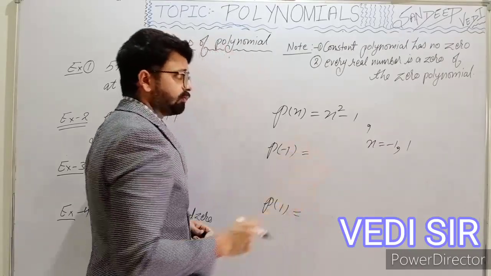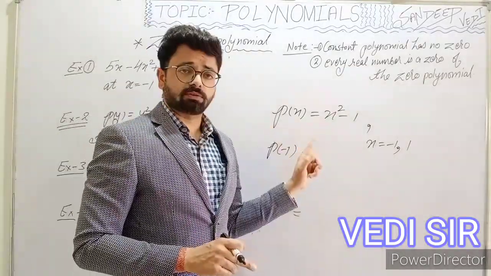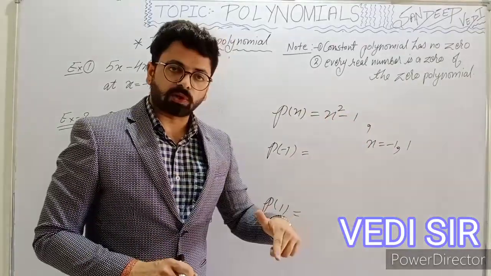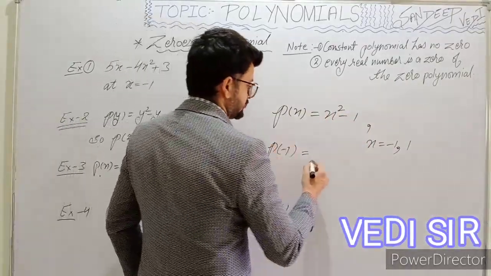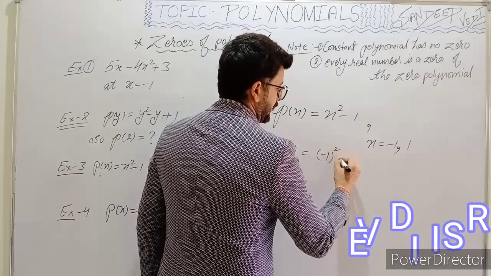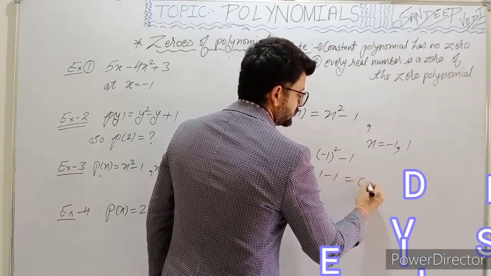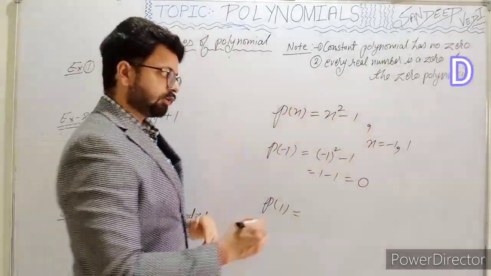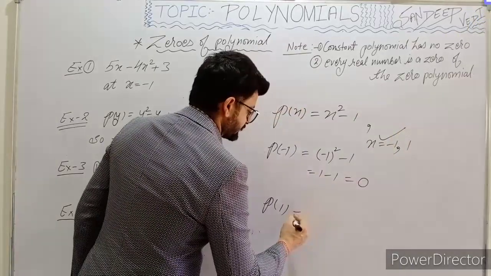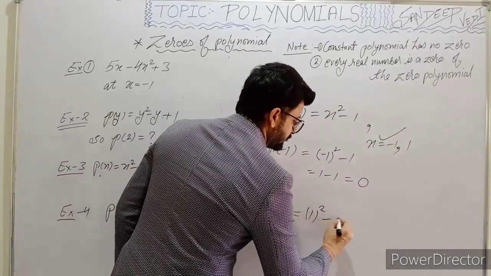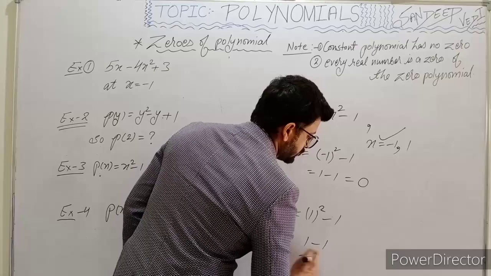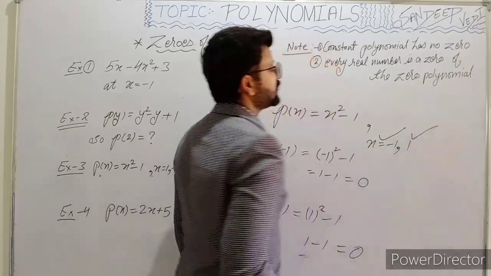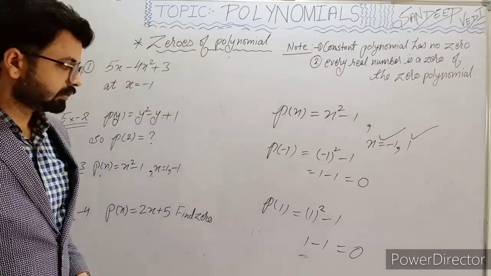If they give 0 as the final value, then it will be a zero of the polynomial, otherwise not. So let's see, (-1) square minus 1, 1 minus 1 is giving 0. So x equal to -1 is a zero of this polynomial. Second case at 1: 1 square minus 1, 1 minus 1, this is also giving 0. It means both are zeros of this polynomial.